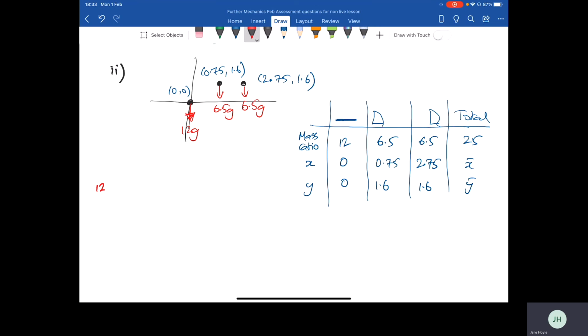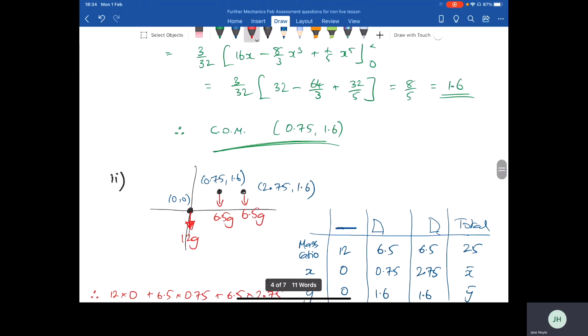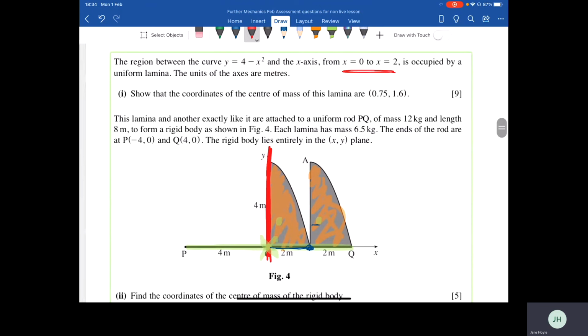I know that the sum of all of those individual masses times the distances is equal to the overall mass multiplied by the value of x bar. 6.5 multiplied by 2.75 is equal to the overall mass multiplied by x bar. So x bar will be equal to 22.75 over 25, which is 0.91. What units? Meters.